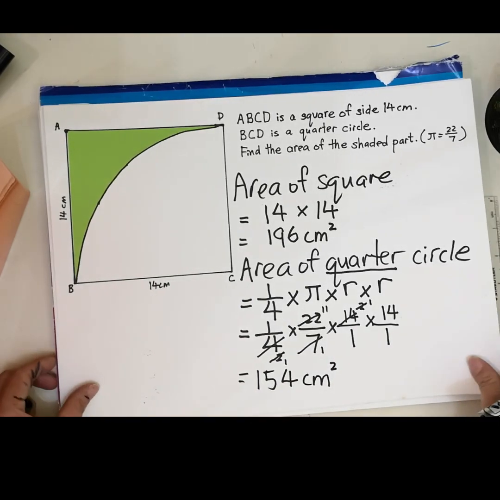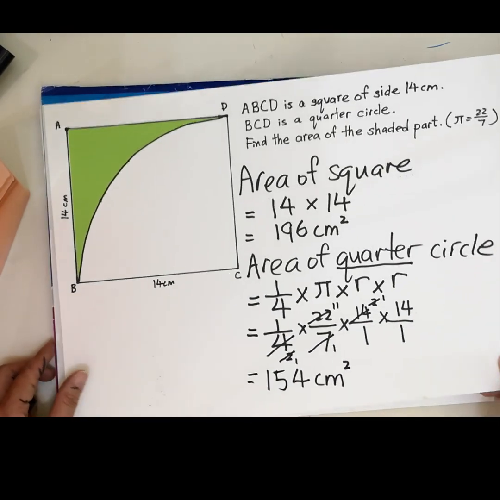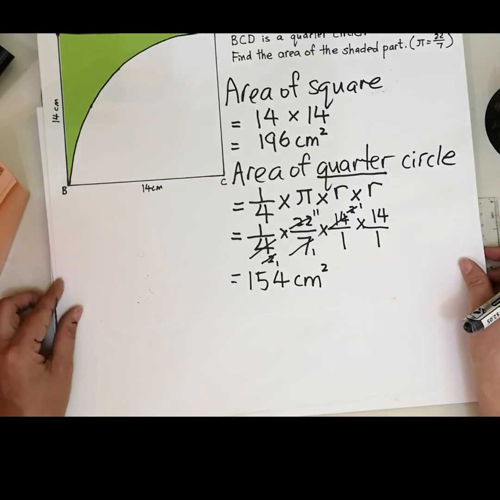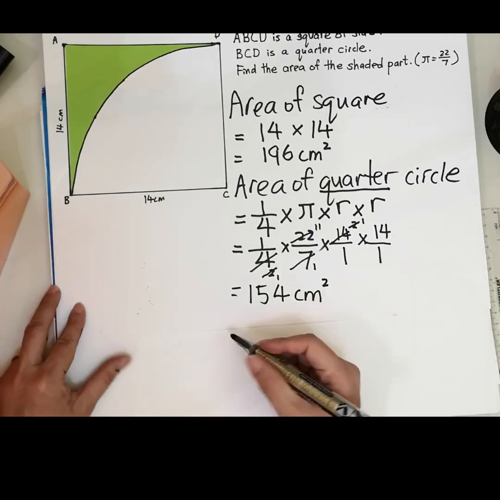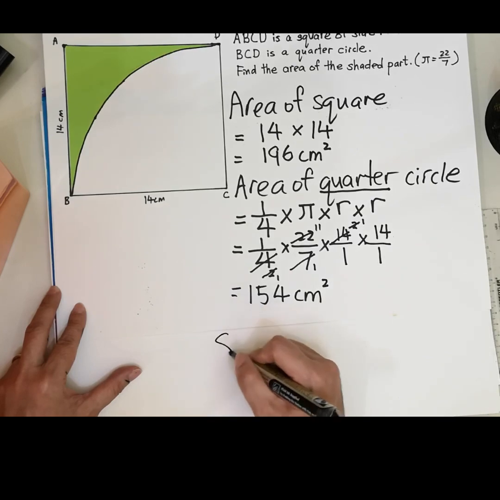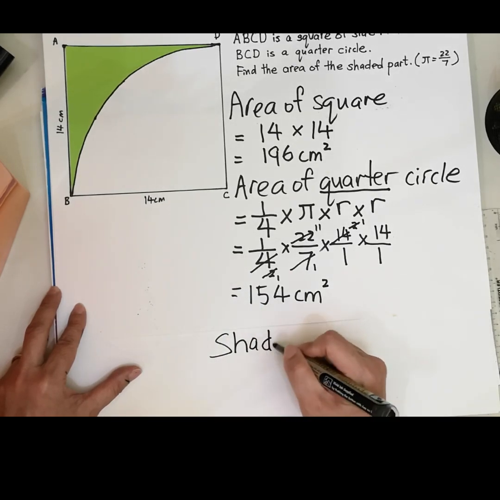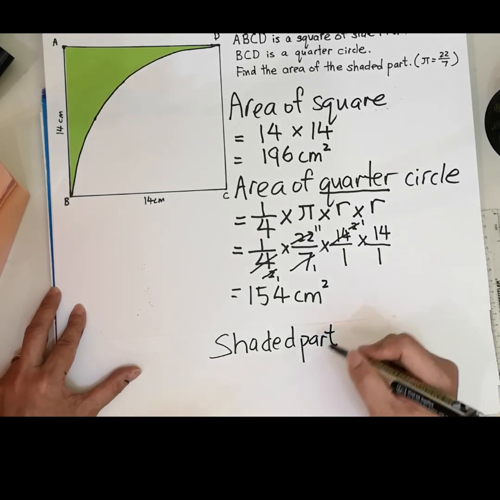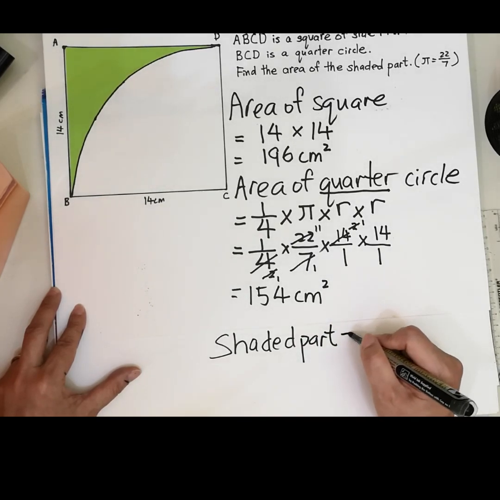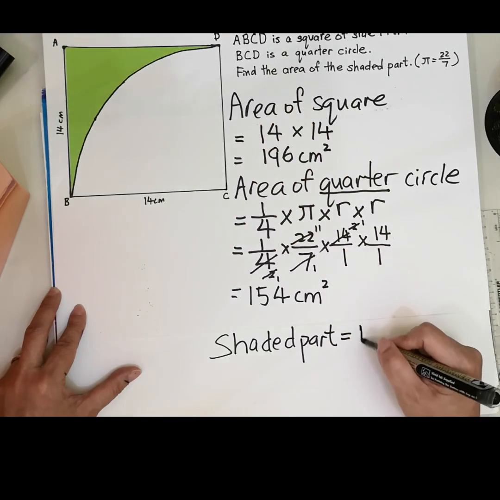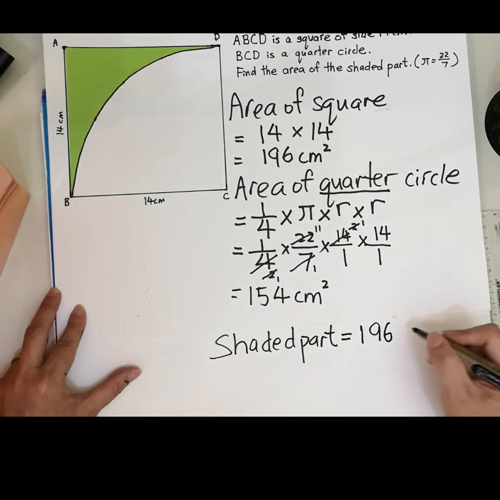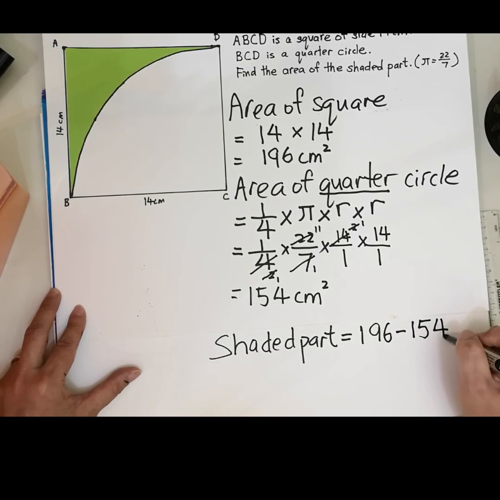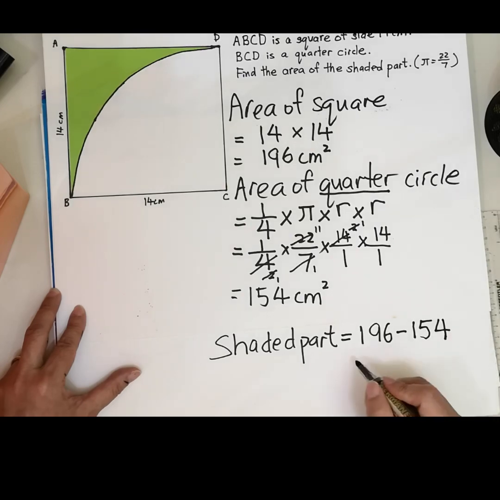Okay, so in our third step to find the shaded part, what we are going to do is we take the area of the original figure or the whole figure, which is actually the square, and then we subtract the shape that we have cut off, which is the quarter circle, from it.